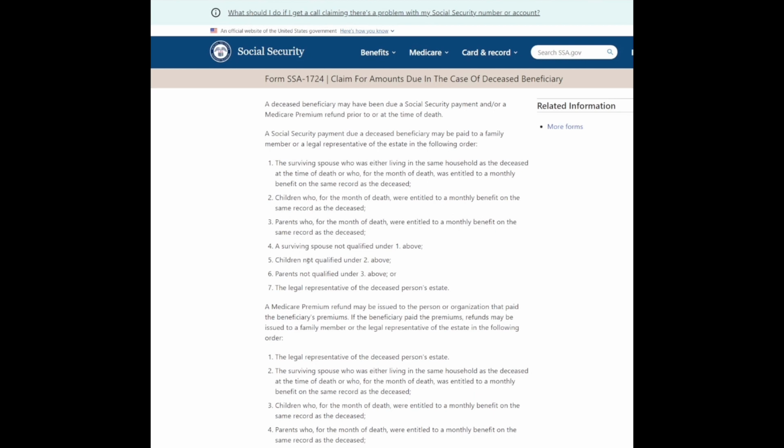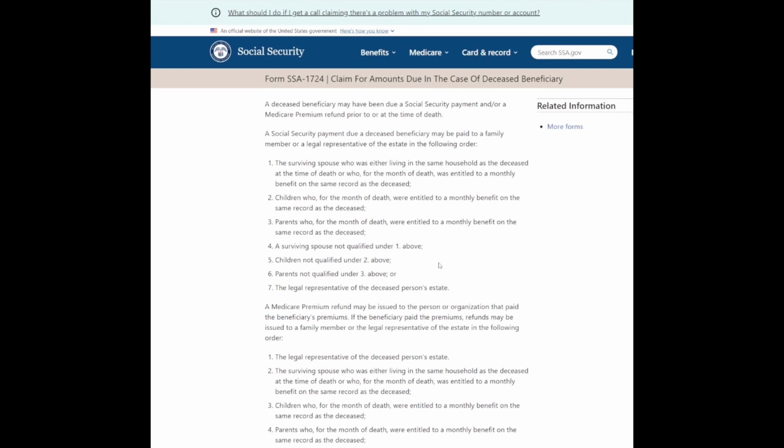Going into number 4, a surviving spouse not qualified under number 1. So I'm going to say, going back to what I discussed earlier, if let's say you're a surviving spouse and you're separated, not living together at the time of death, and not eligible as a spouse in the month of death.